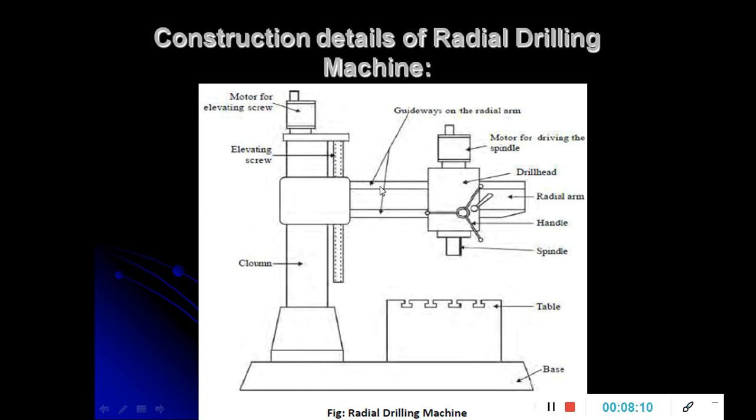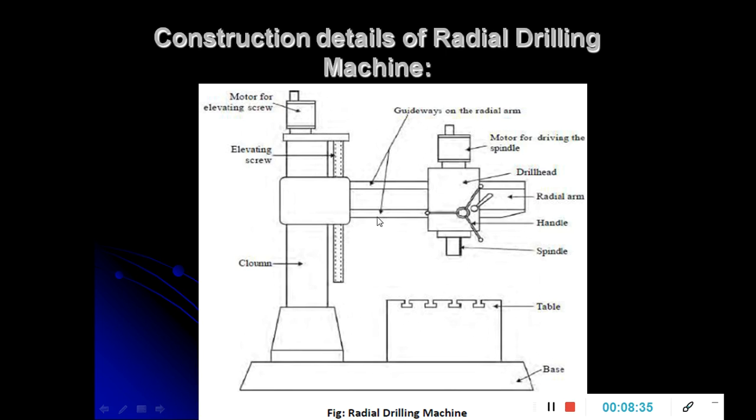Coming to the next important part of this drilling machine, it is known as the radial arm. This is known as a radial arm. So the radial arm is a projected part of this column, like a telescopic arm. It is directly mounted on a column, and the other end of the radial arm is fitted with the drill head.